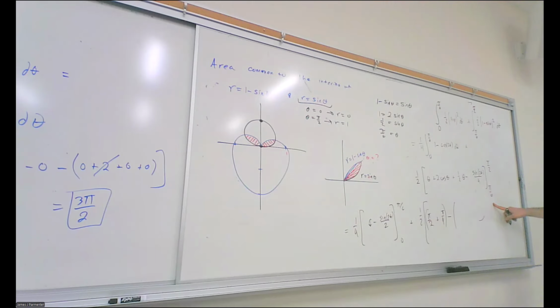Minus, now we plug in pi over 6. Get pi over 6. Cosine of pi over 6 is root 3 over 2. I get 2 times root 3 over 2, which is root 3. I get 1/2 times pi over 6, which is pi over 12. And then sine of 2 times pi over 6 is sine of pi over 3, which is also root 3 over 2. So you get minus root 3 over 8.